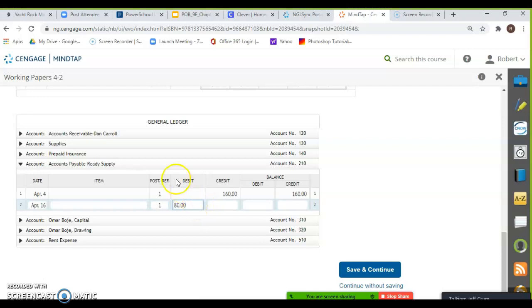So now just like on the other account up here, the previous balance on this was he had $160 credit. Well, now we're going to basically apply this debit to the credit. So basically we're going to subtract the debit from the credit, so that brings the credit down to only $80.